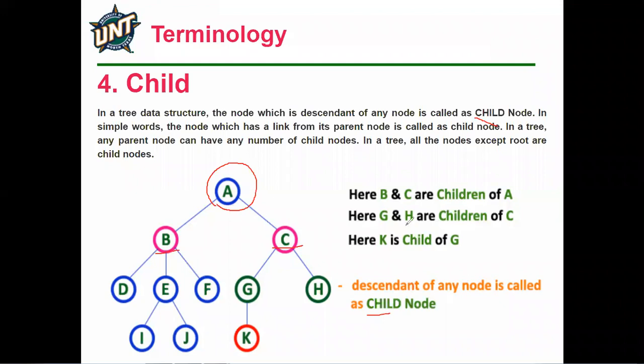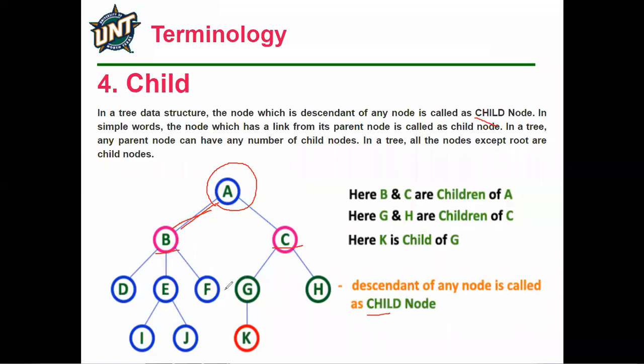Here the children are B, C, D, E, F, I, J, G, H, K, all children of their respective parent nodes. In other words, the node which has a link from its parent is called a child node. So a link present from parent to child makes it a child node in a tree. Everyone clear on what a child is? The descendant of any node is called a child node.